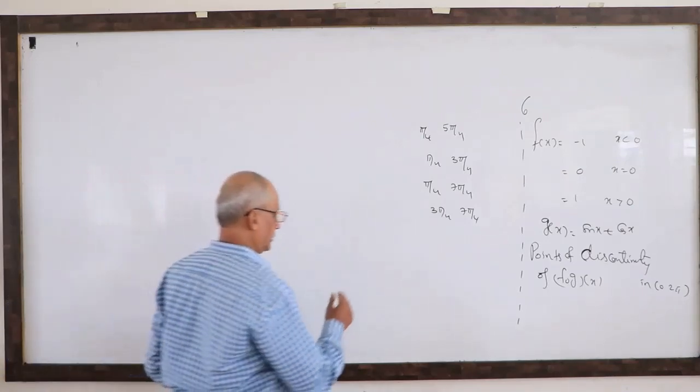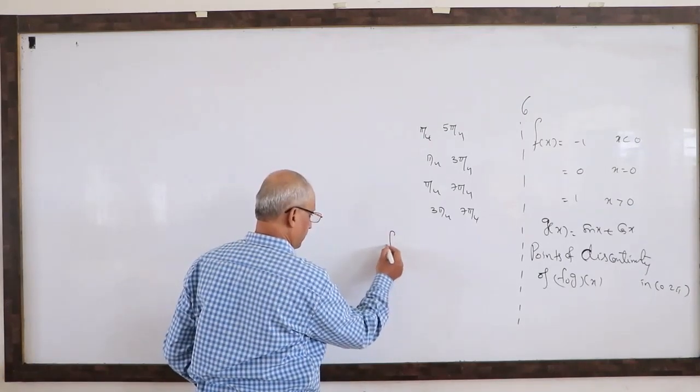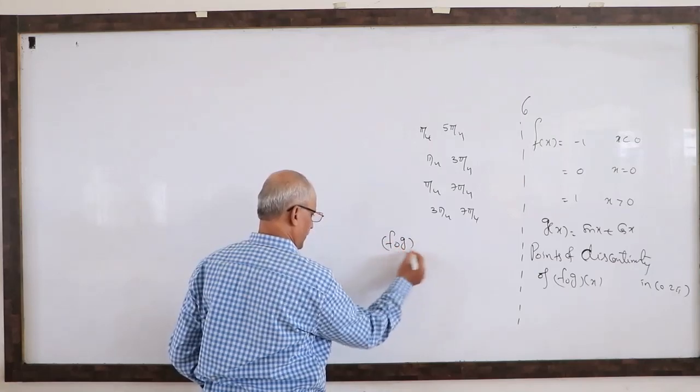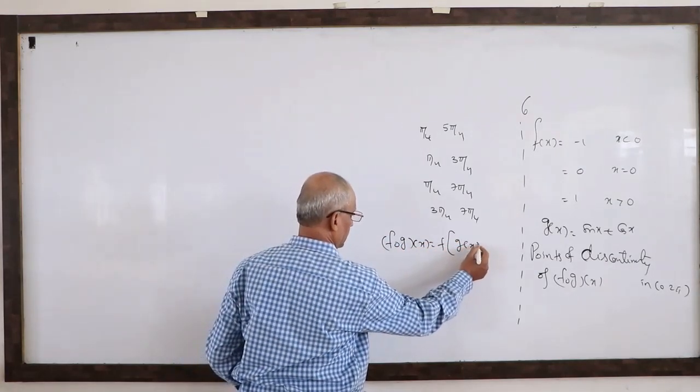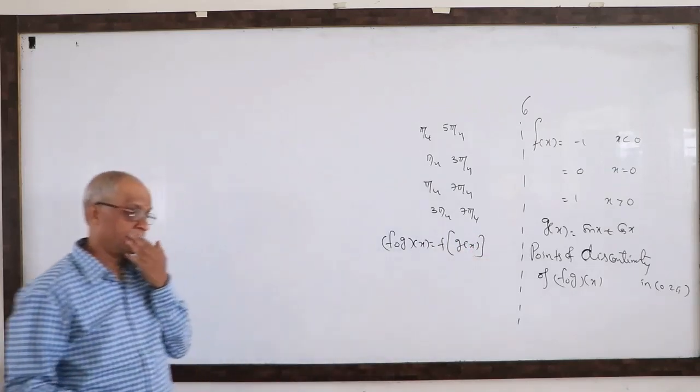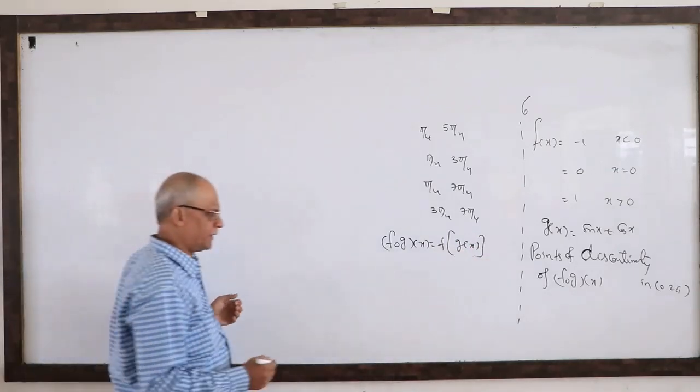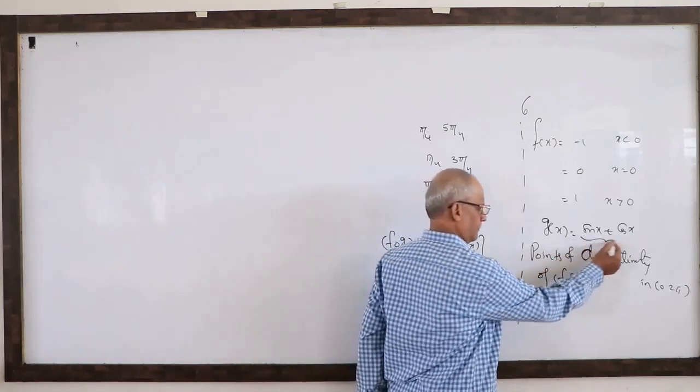Now you see here, f circle g of x is nothing but, we know that this is our definition. Consider here g of x. What is given?